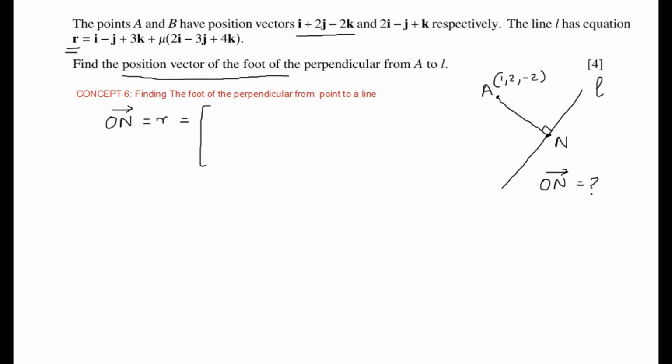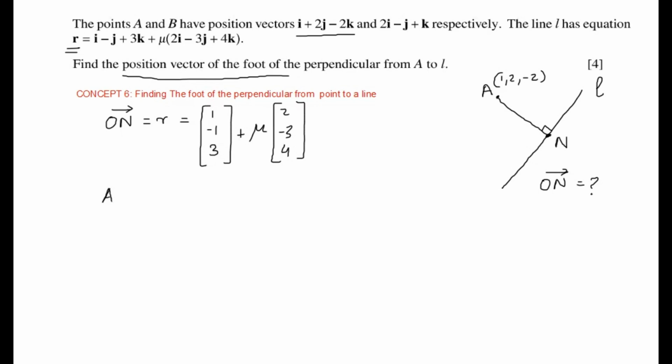So 1, minus 1, 3 plus mu times 2, minus 3, 4. Right, so now we have ON, but they require us to figure out the value of mu. So in order to do that, the next step is to find AN.